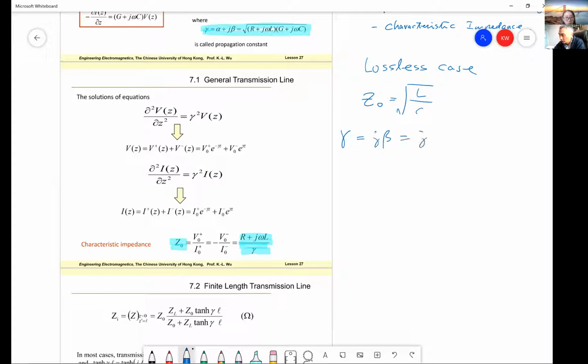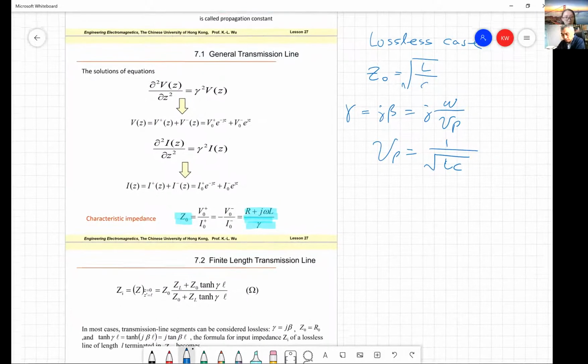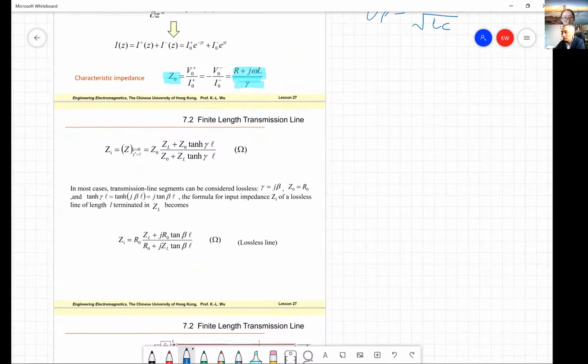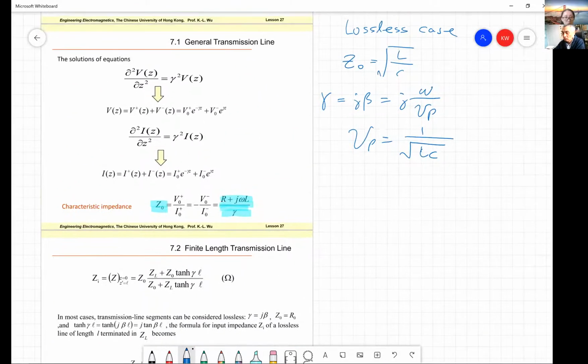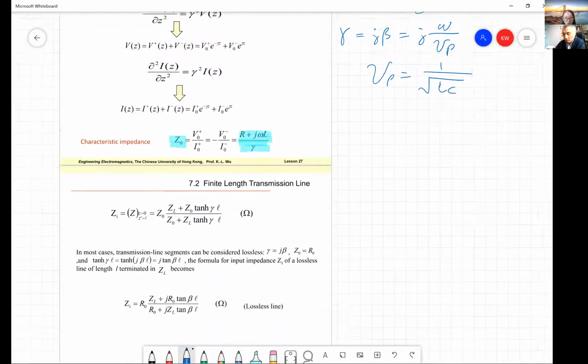Beta is j omega divided by phase velocity, where phase velocity is 1 over square root of LC. Therefore we get everything we need. So this is for an infinitely long transmission line.